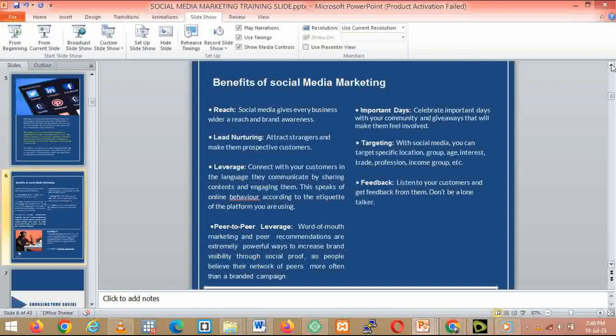So you need to delight them. You celebrate important days too. You have national, local, and international days. You can easily share important days in the lives of your prospects with your content, celebrate them.